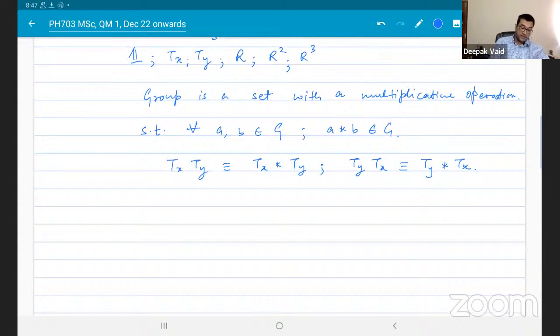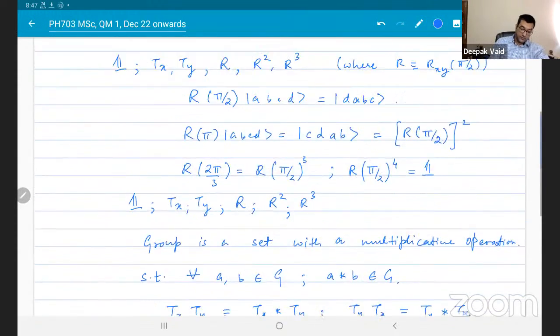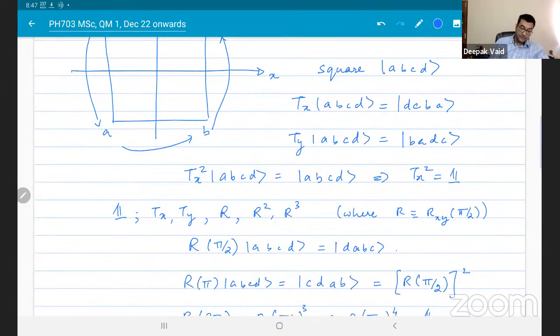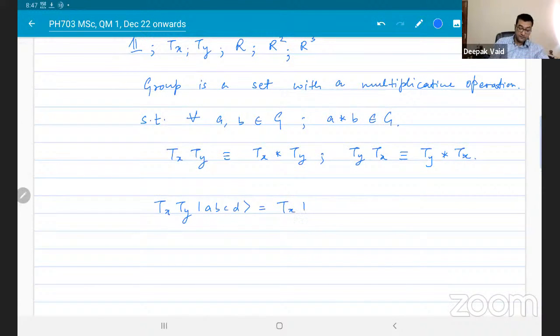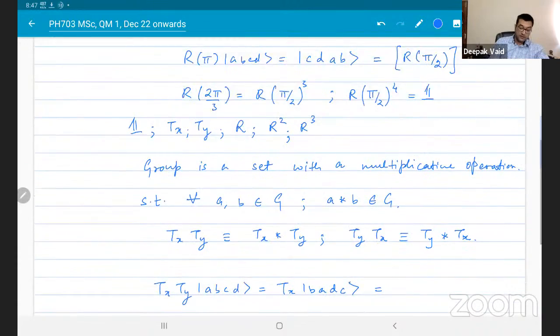Now let me see what happens if I take reflection across X and reflection across Y, Tx, Ty. What do I get? Tx, Ty acting on A, B, C, D. So first I have to act with Ty, which gives me B, A, D, C. Okay.